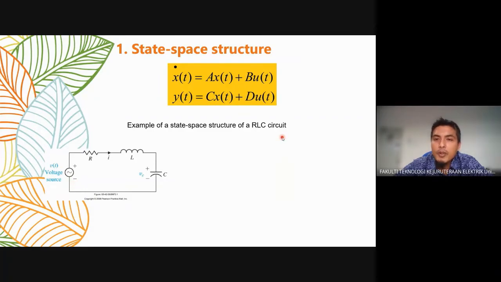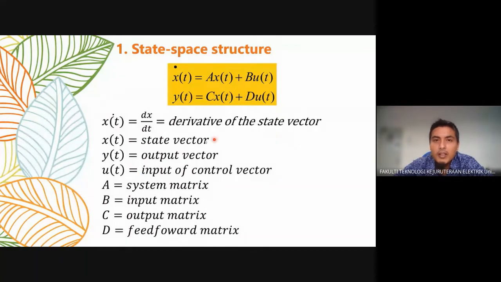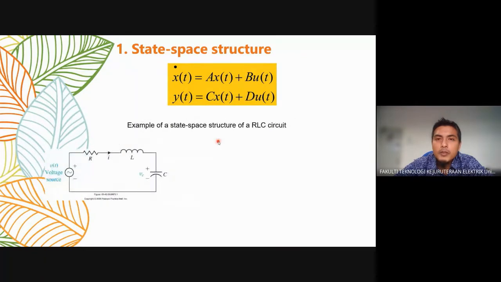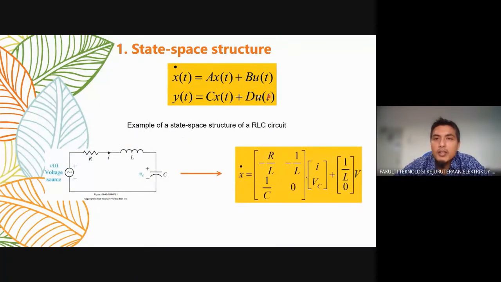And then after that, the state vector. If you refer to the previous slide, x t refers to the state vector. In the state vector here, x t is made up of the current I and the voltage V, current and voltage. And then for the matrix A, you can see negative R over L, minus 1 over L, 1 over C. So these are the components of the system: resistor, inductor, capacitor.